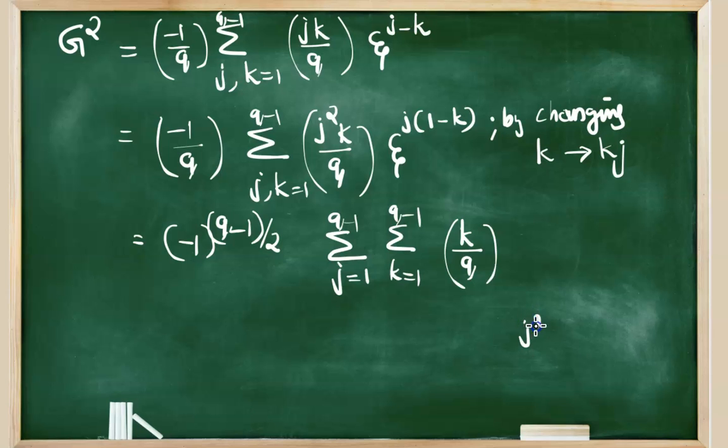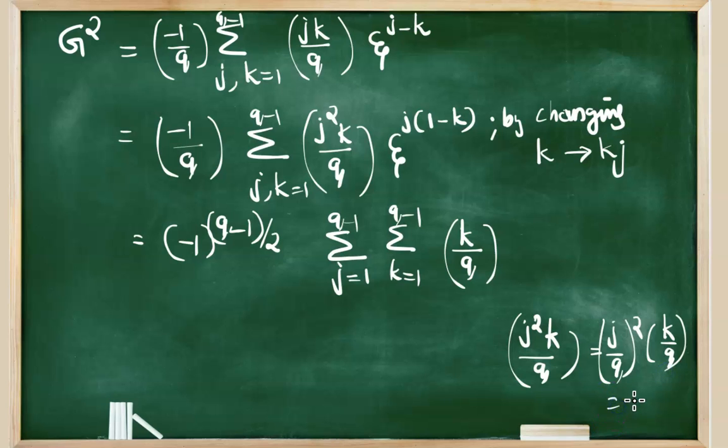Since Legendre symbol (J square K by Q) was in fact (J by Q) square into (K by Q), and this will be plus 1 even if Legendre symbol (J by Q) is either plus 1 or minus 1, the product will be equal to Legendre symbol (K by Q) itself.